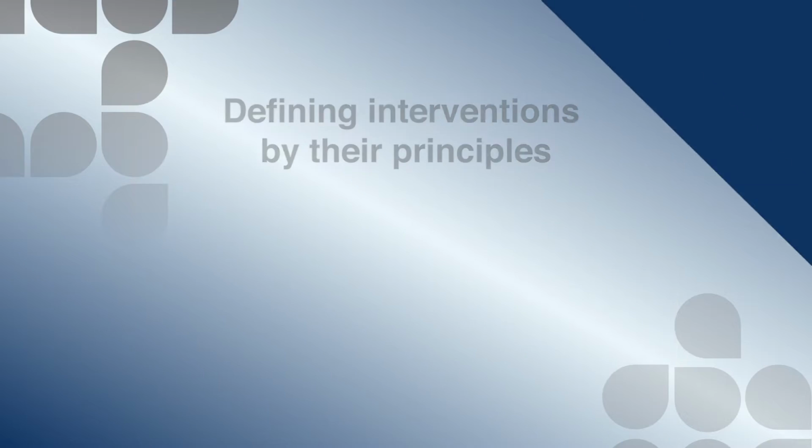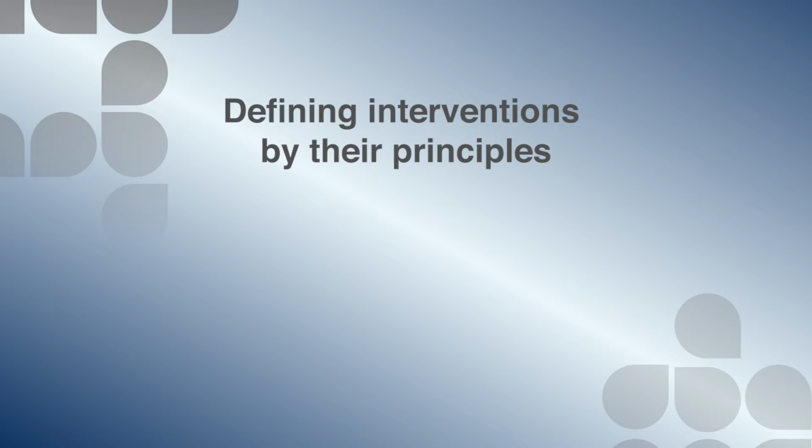It gives us guidelines for what should be included in our studies, who should be helping us to do our work: collaborators in community, collaborators in other disciplines. We can know what we don't yet know, and it gives us a sense of where to go and find it. Defining interventions by their principles.